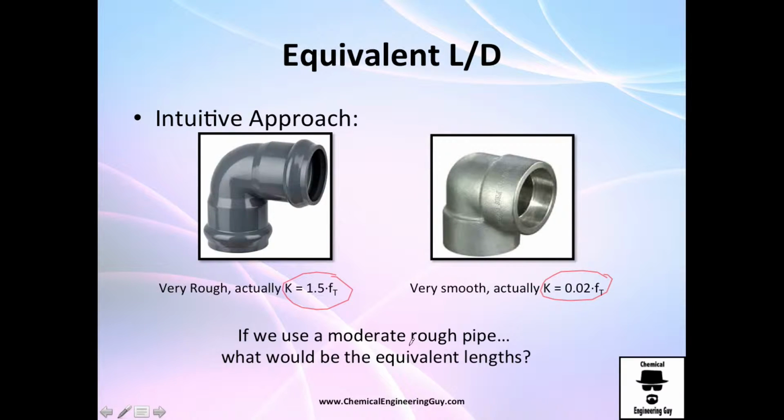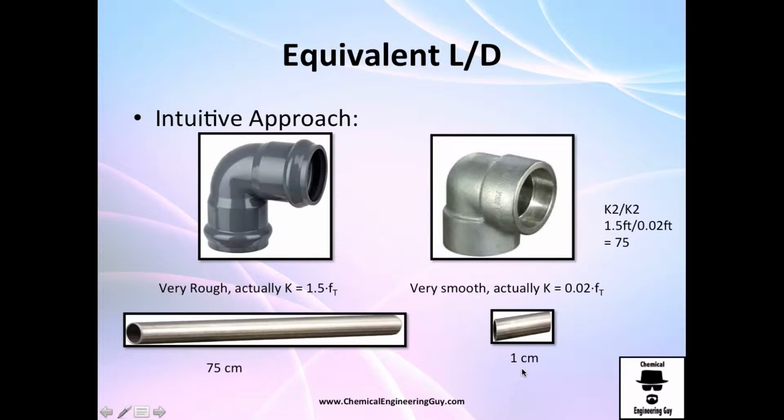If we use a moderately rough pipe, what will be the equivalent length? Because this is very rough, we will probably have a very long equivalent pipe. And because this one is very smooth, we don't have that high energy, so it will be a very small length.